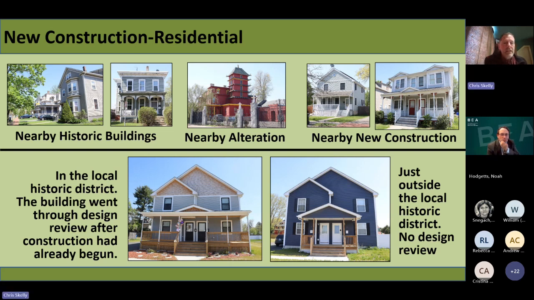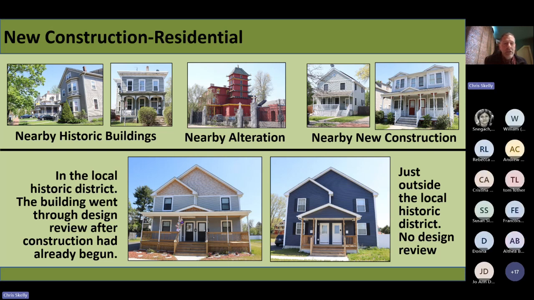So you have nearby buildings up at the top, a nearby alteration, some nearby new construction, and the building got caught later that it was not properly permitted. The one on the left had to go through design review after construction had already begun. The one just outside the local historic district had no design review and was able to continue to completion.